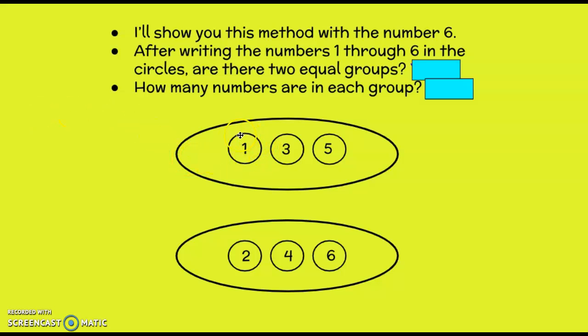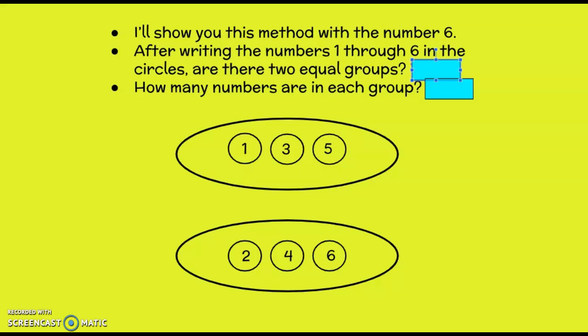What they did was 1 for this group, 2 for this group, 3 back at this group, 4 for this group. So they were laying them down evenly, one at a time, like 1 for you, 1 for me, 1 for you, 1 for me, until they got to the number 6. After writing the numbers 1 through 6 in the circles, are there two equal groups?